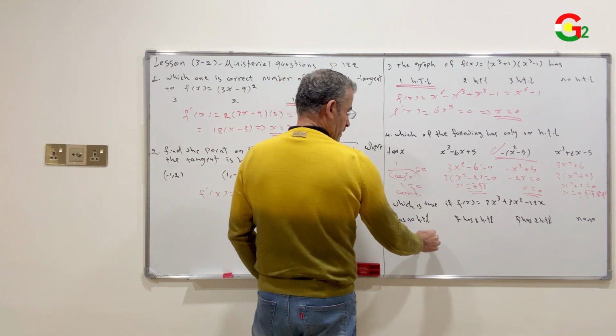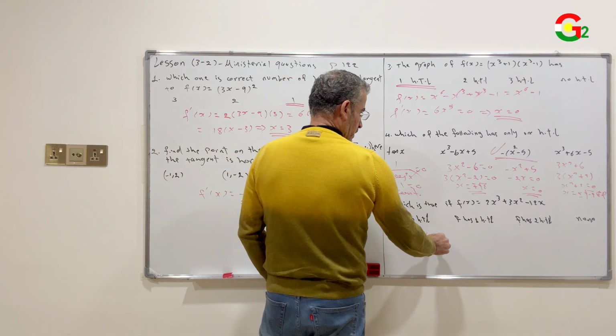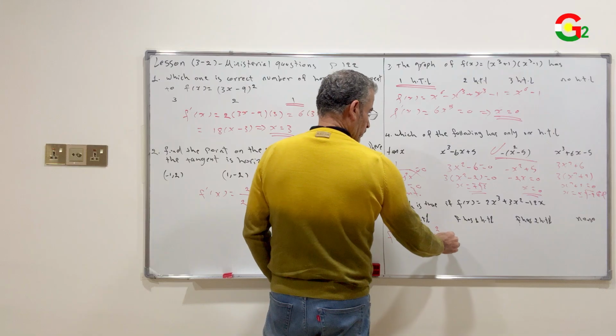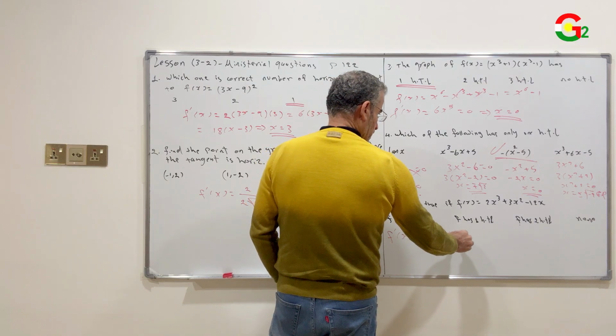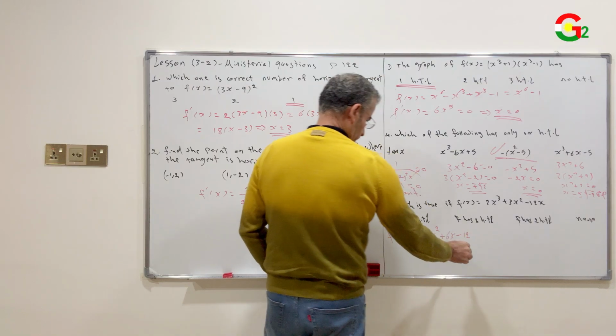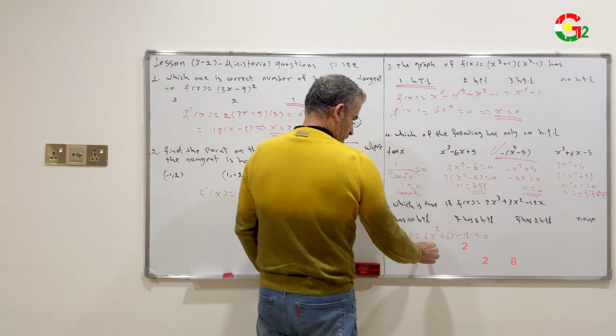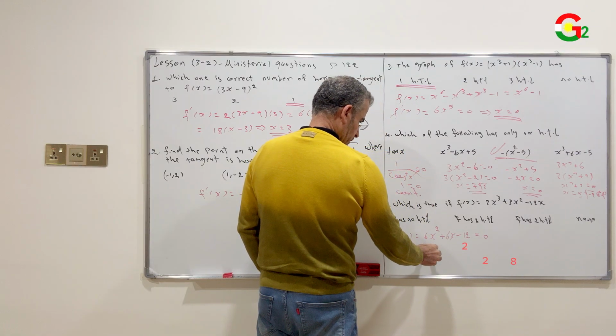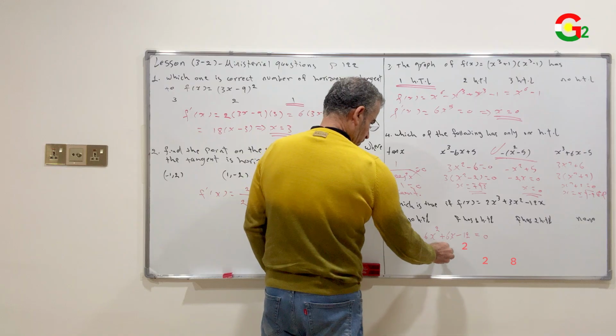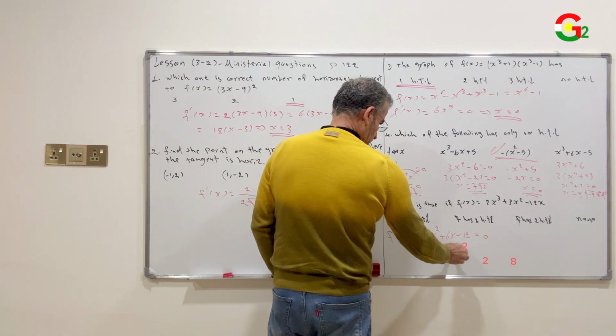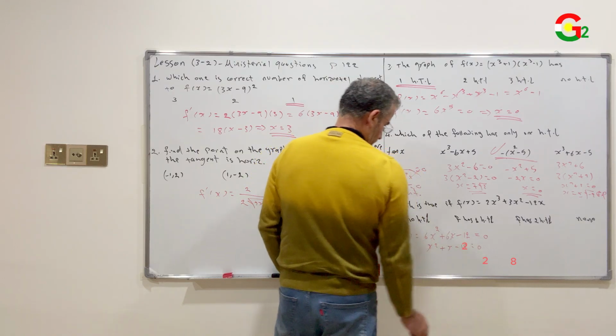F prime of x equals 3x power 2 plus 6x minus 12. Set it equal to 0. Divide by 3. X power 2 plus 2x minus 4 equals 0.